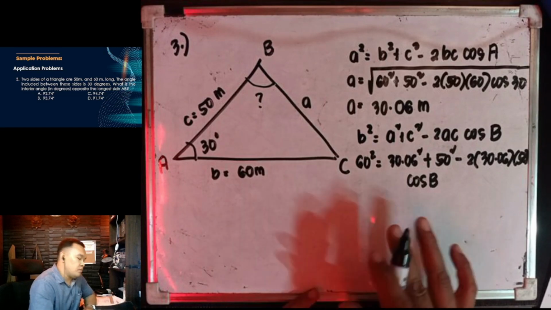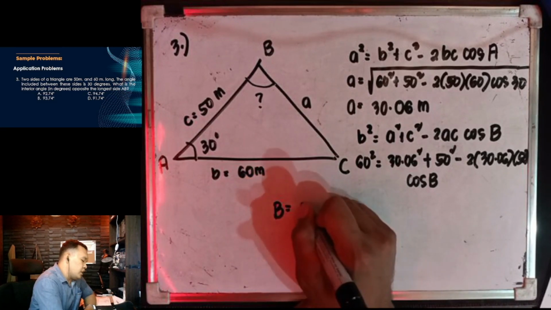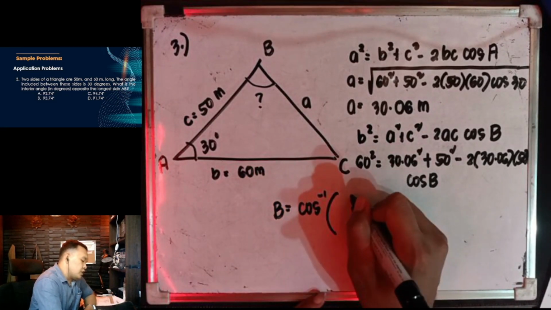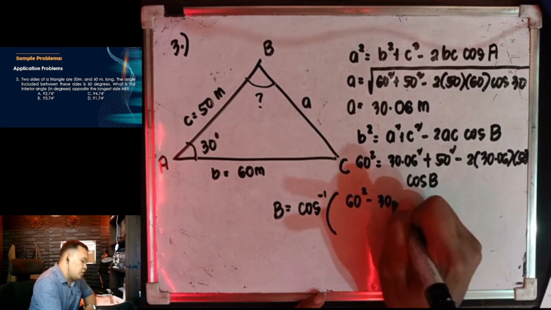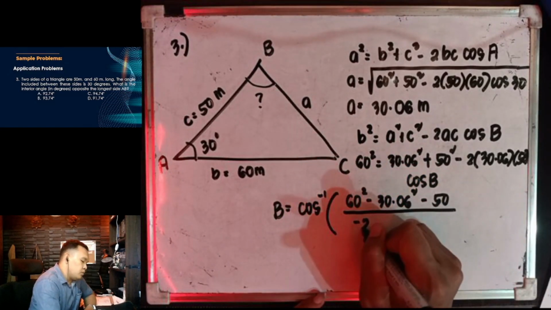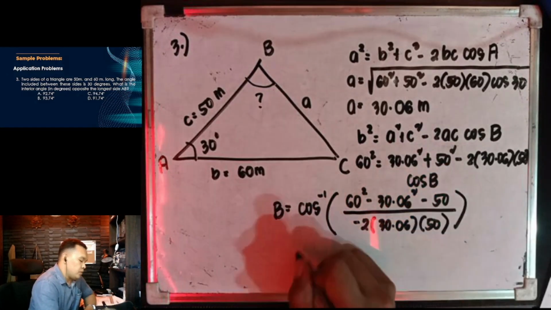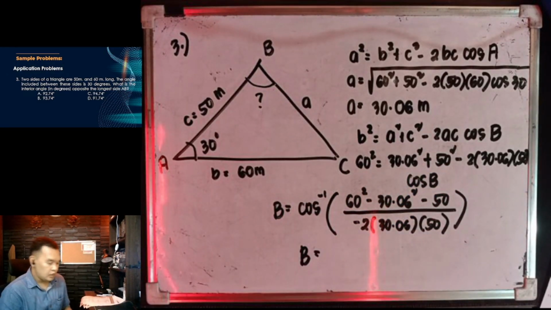Kung hindi mo alam kung paano shift solve, transpose mo muna. So, B is equivalent kay arc cosine of 60 squared minus 30.06 squared minus 50 squared, all over negative 2 times 30.06 times 50.